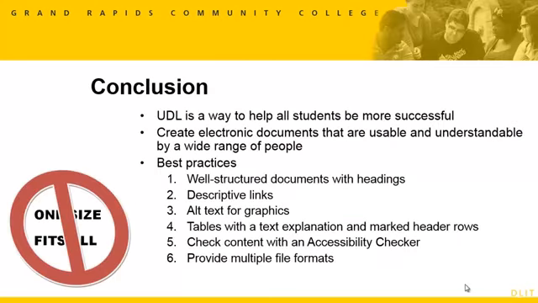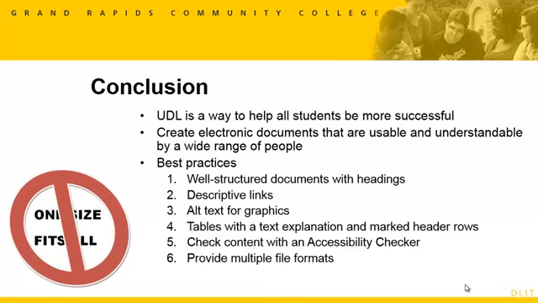This is the conclusion of the UDL Accessibility series of 8 video tutorials. Universal Design for Learning, UDL, is a way to help all students be more successful. Part of student success is the creation of electronic documents that are usable and understandable by a wide range of people, including those that may have a disability.